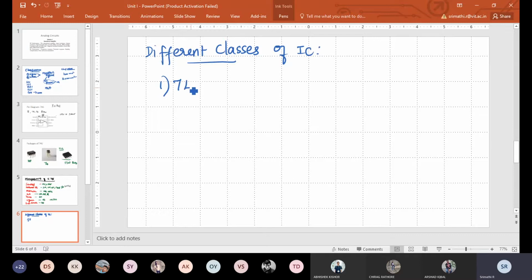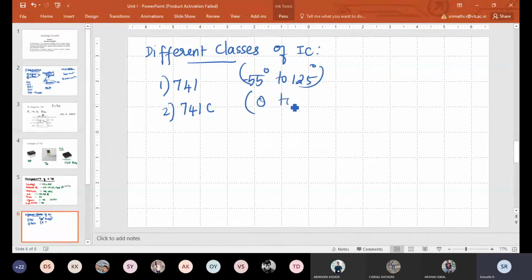They vary in operating temperature. The military grade op-amp operates from minus 55 degrees to plus 125 degrees, whereas the 741C commercial grade IC ranges from 0 to 70 degrees centigrade.